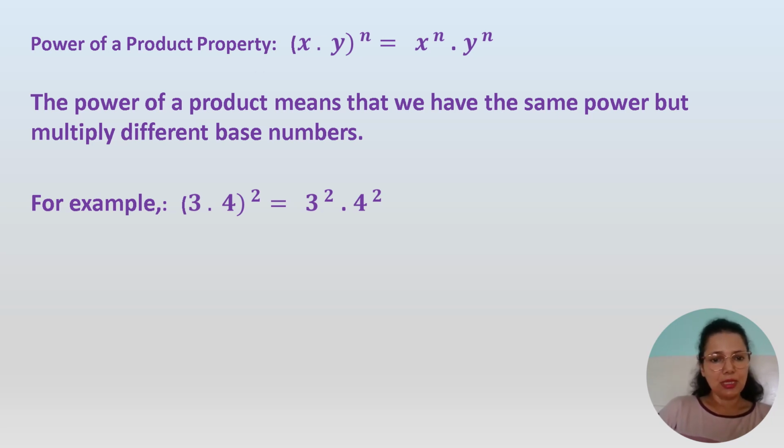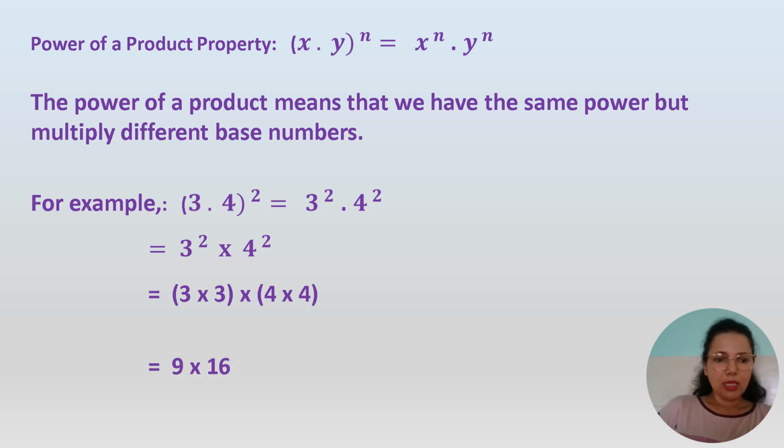So it's going to be 3 to the power 2 times 4 to the power 2. Right. Now, that basically means 3 times 3 times 4 times 4. Now, if we multiply that together, we're going to get 9 times 16, and that's going to give you 144.